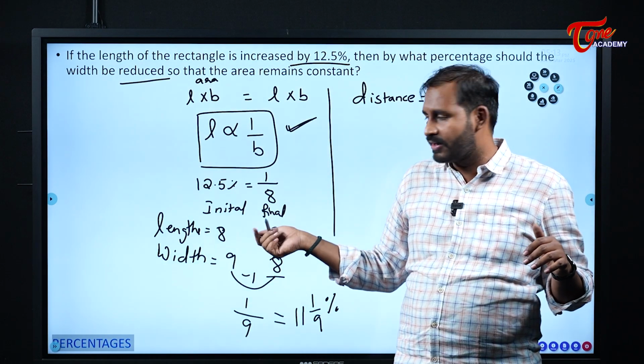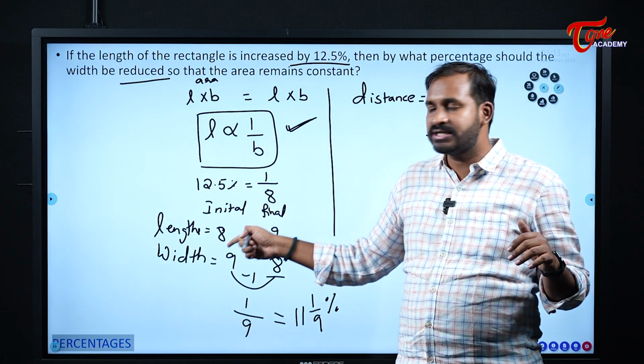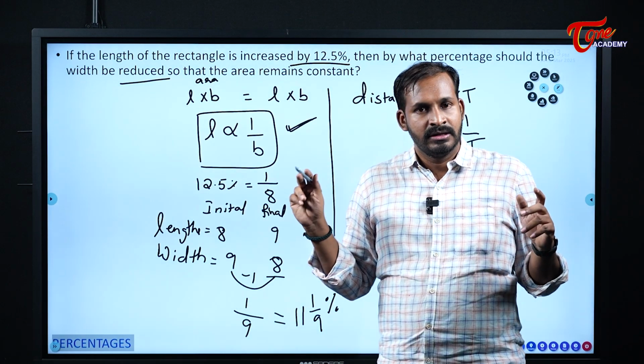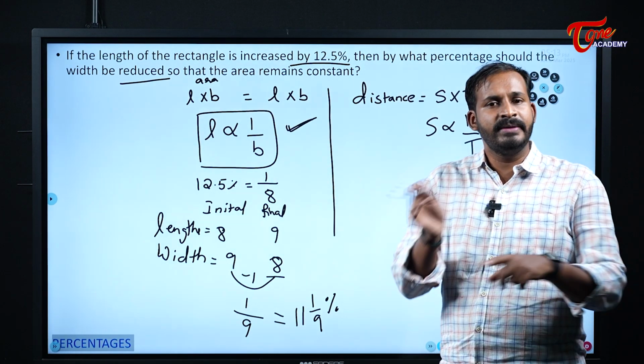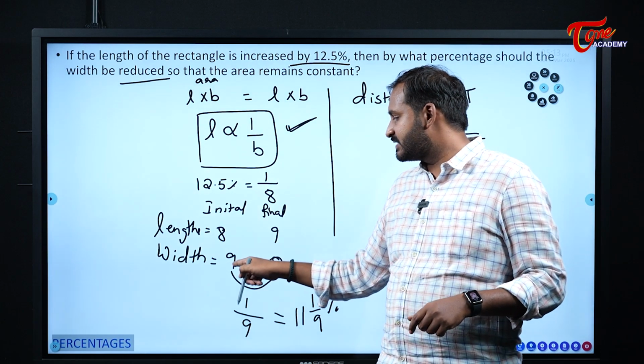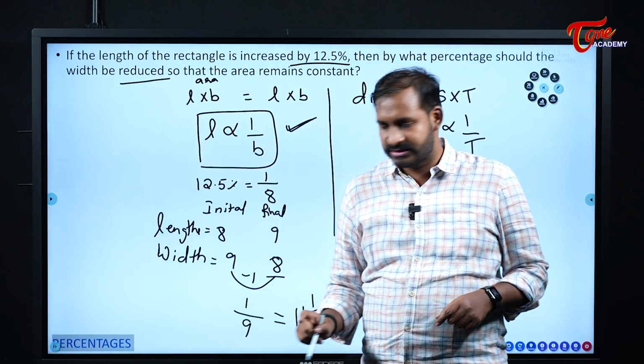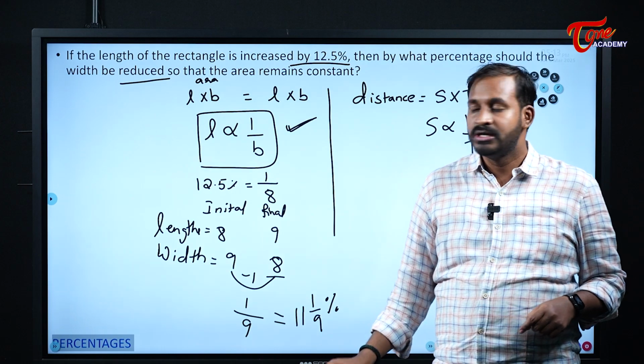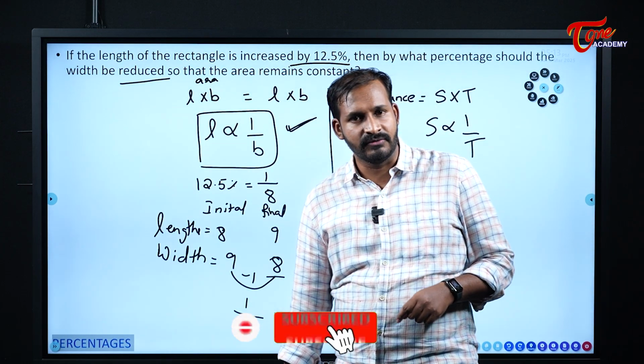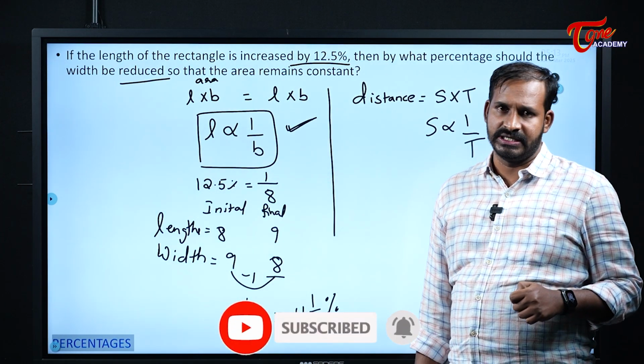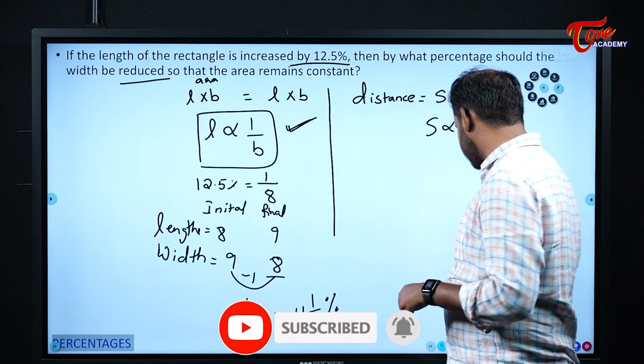That means initially length is 8 parts, it became 9 parts. When it comes to breadth, it will be inversely related. So initially it is 9 parts, finally it becomes 8 parts. So what is the difference I have here? 1 part. So 1 by 9, which will be equal to 11 1/9 percentage.